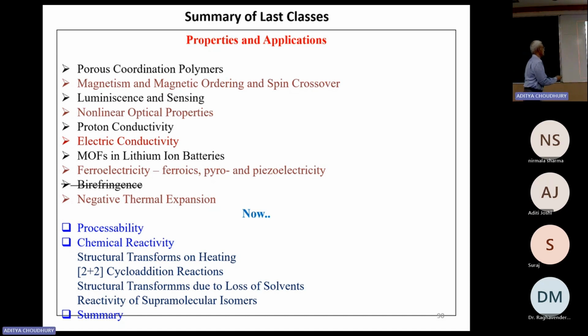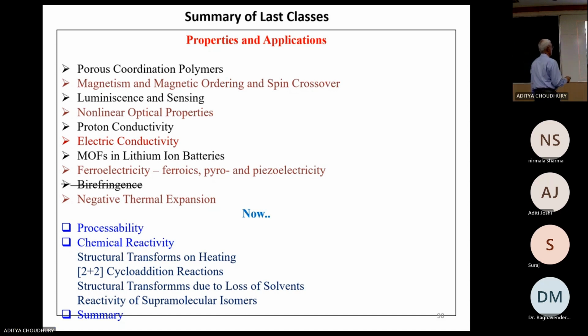Okay, today let me summarize what we have done. We finished the design, and then we started learning about coordination polymers, aka MOFs, metal organic framework structures.